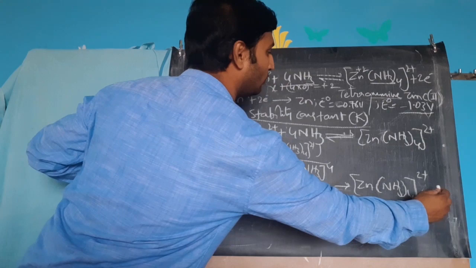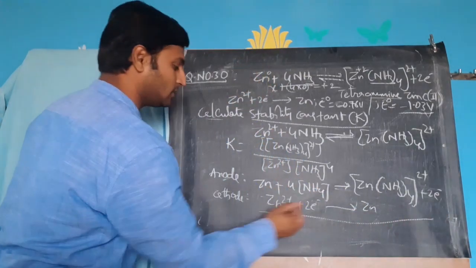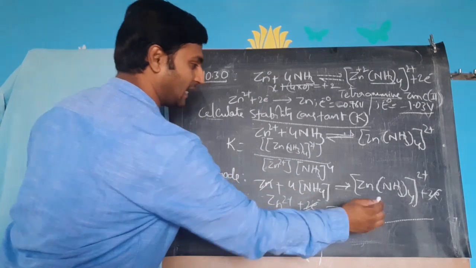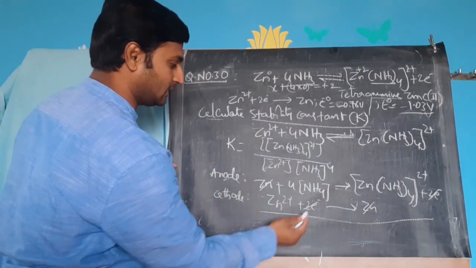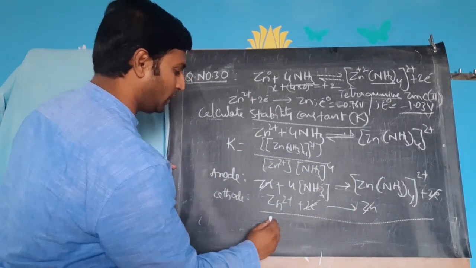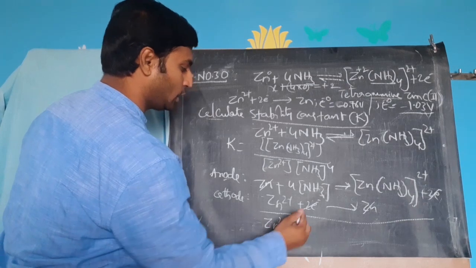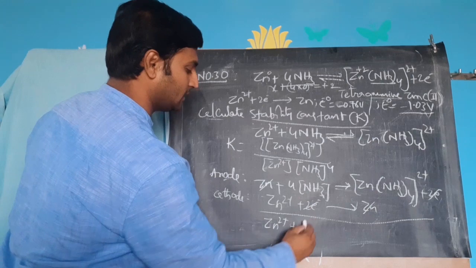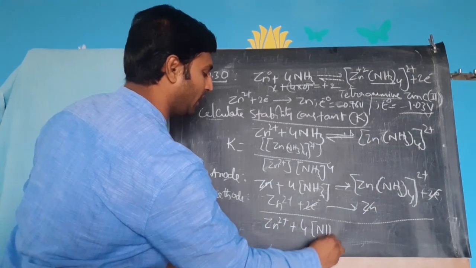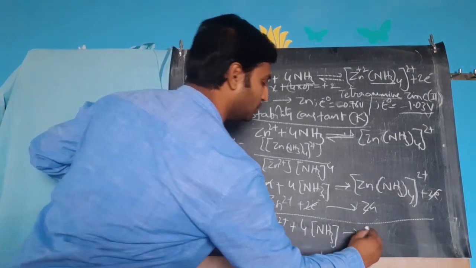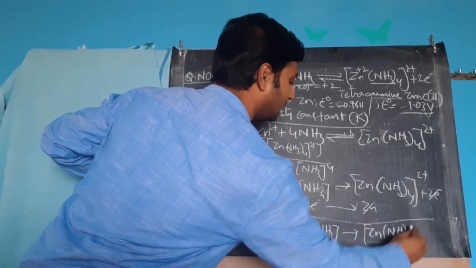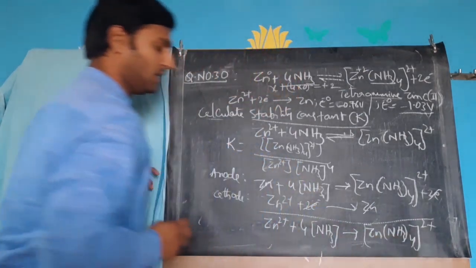Here also 2 electrons, there also 2 electrons. So the equations can be added directly. Zinc gets cancelled, electrons get cancelled. So you are left with zinc 2 plus 4 moles of ammonia giving rise to the tetraammine zinc 2 complex.